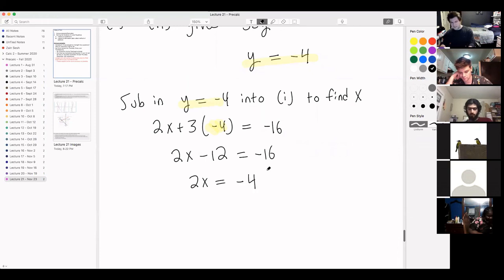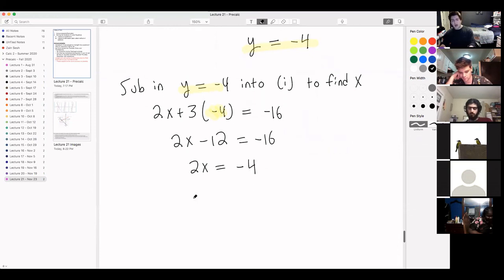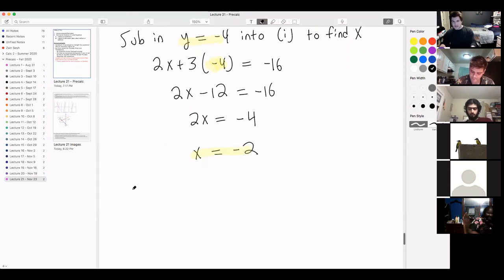Yeah, negative 16 plus 12 is negative 4. And this is x is equal to negative 2. Very good. So the work is done now. I just like to compile our final answer into this xy coordinate pair notation. So the solution is negative 2 comma negative 4. Yes.